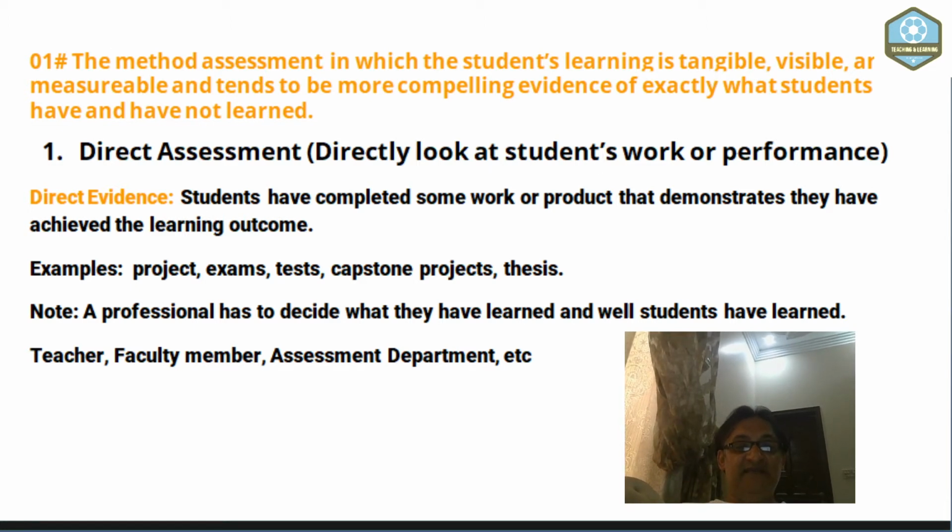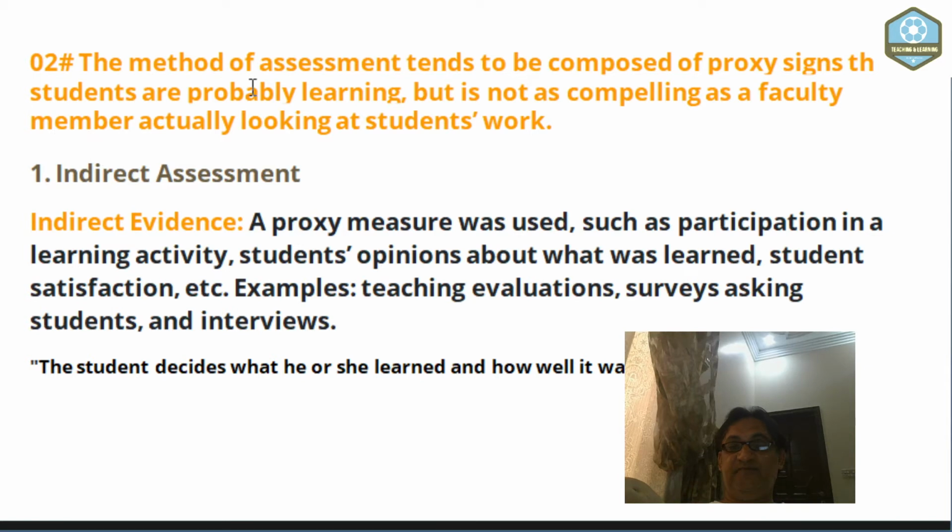However, the indirect assessment is the method of assessment which is a proxy sign, meaning it's not assigned by the teacher or anything. It is decided by the students what they have to learn and how they have to reflect. Suppose students' participation, right? Conducting interviews, surveys. Whose choice is this? This is the learner's choice.